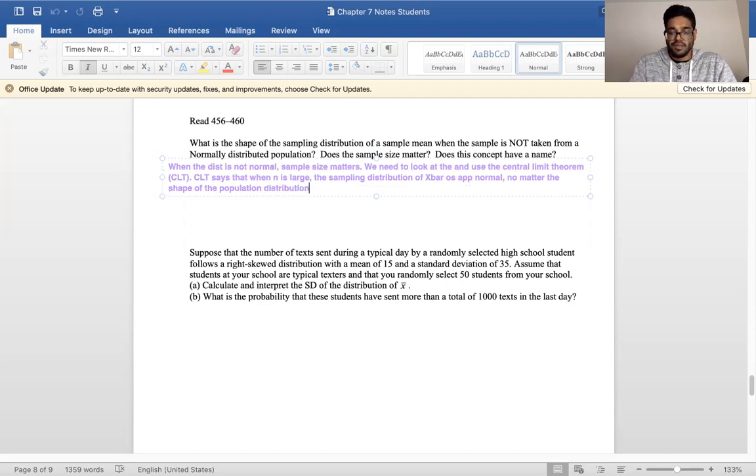Now, a little caveat to this is that the more skewed the population distribution is, the larger n needs to be.